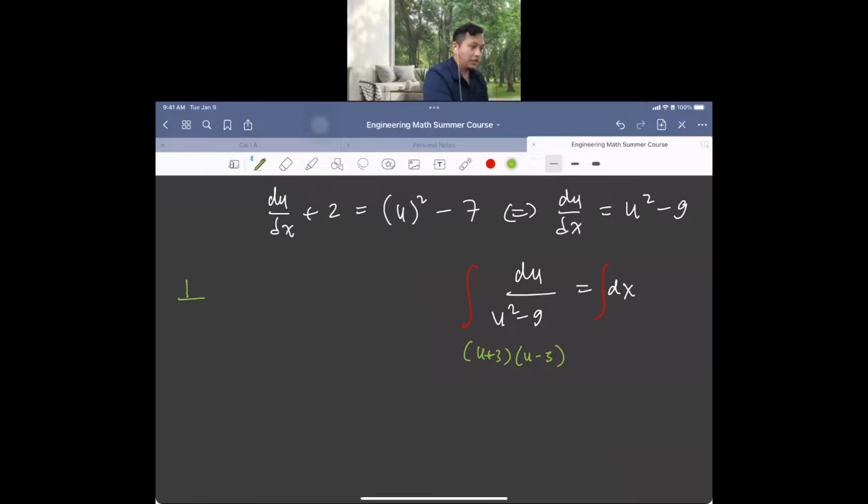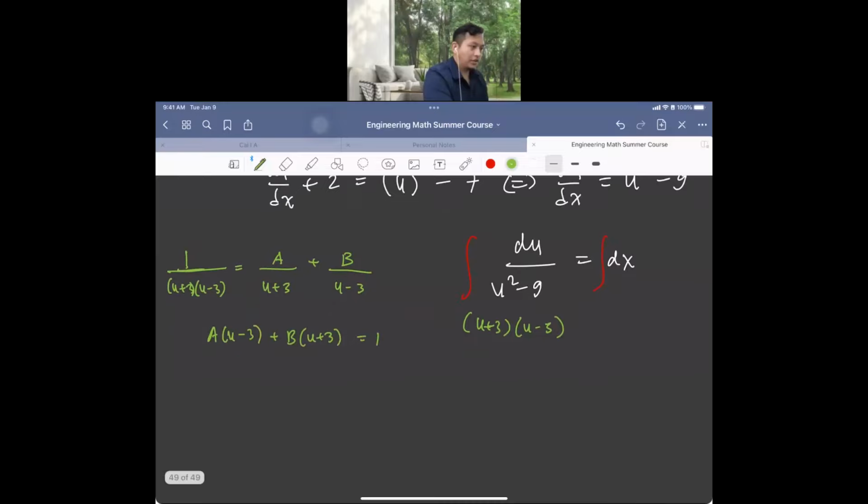Okay, and we can make a partial fraction and find a constant. So A(u minus 3) plus B(u plus 3) is equal to 1.